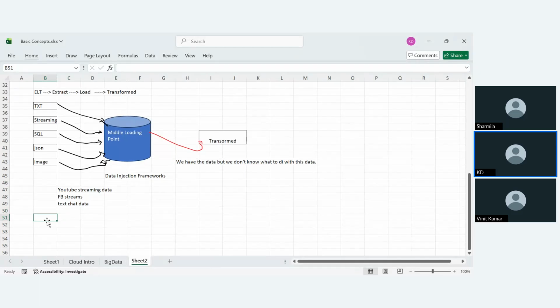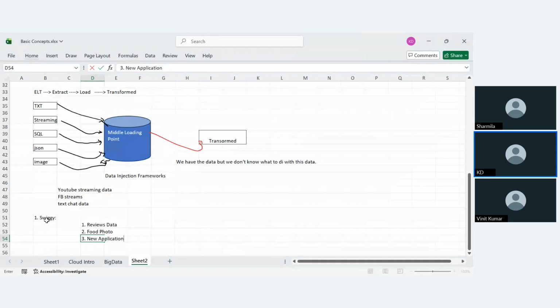For example, let's say you have Swiggy data. In Swiggy data, a lot of things are happening. Number one, there is the reviews data. Number two, there are the photos of food. Then there is new application data, or new people coming, and fourth, the delivery executive data.